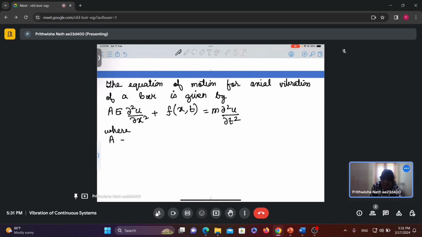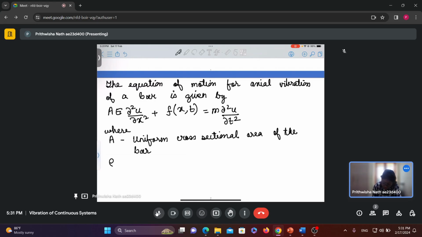A is the uniform cross-sectional area of the bar.